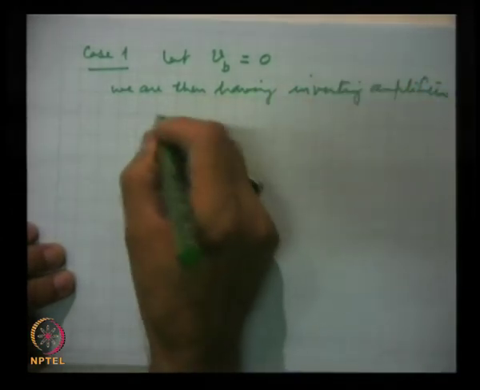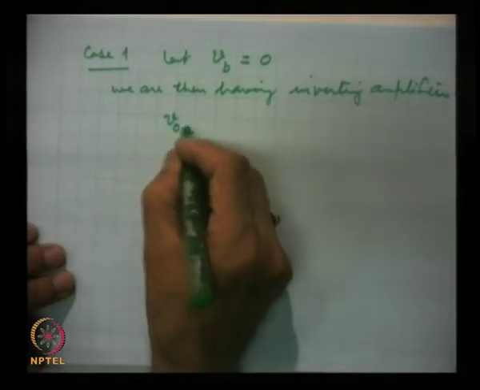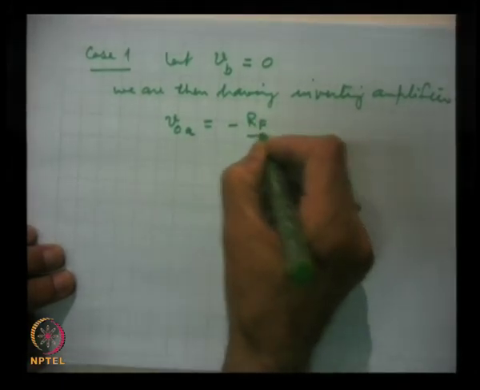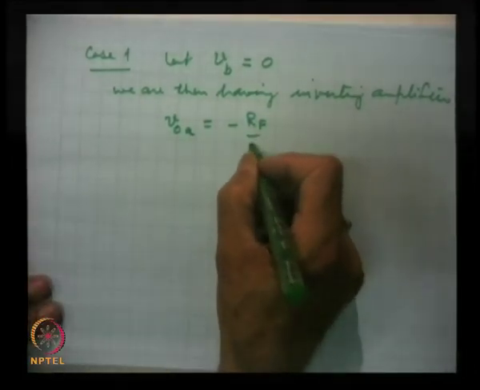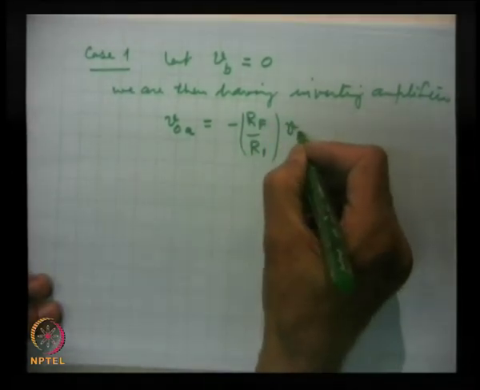So, the output VOA because of VA will be minus RF by R1 into VA. This is the gain.